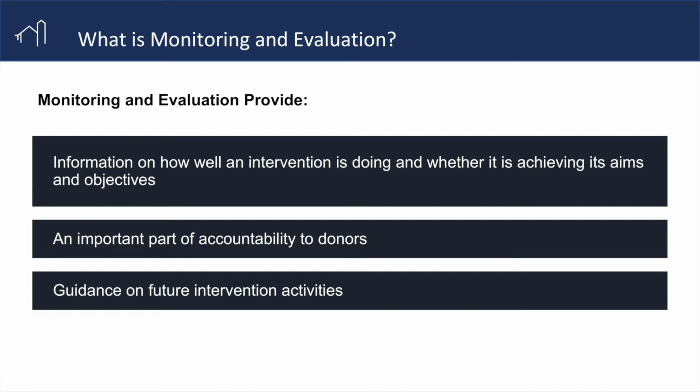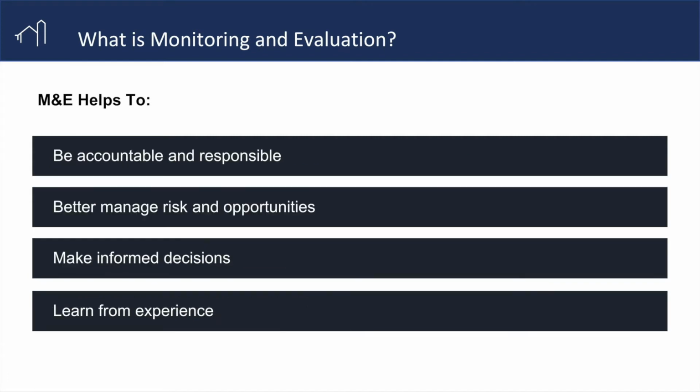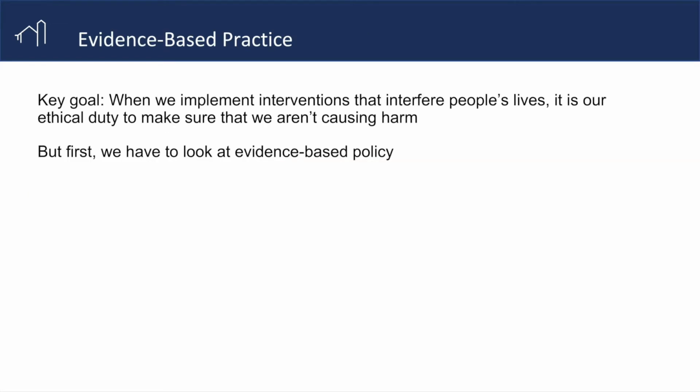It provides an important part of accountability to donors, as well as guidance on future intervention activities. It also helps to be accountable and responsible within an organization. It helps to better manage risks and opportunities, make informed decisions, and learn from experience.